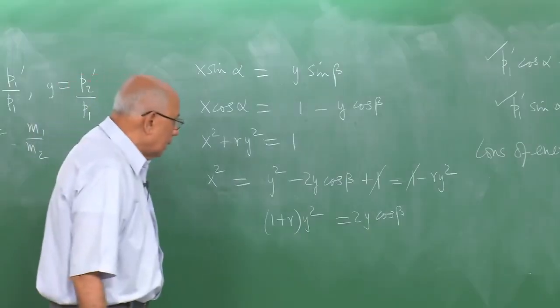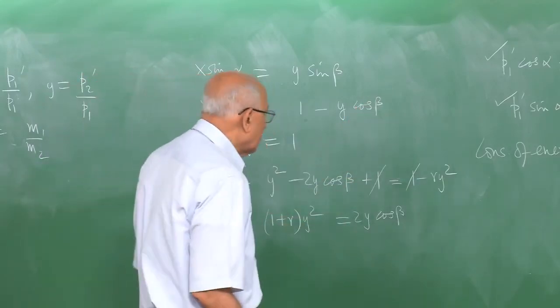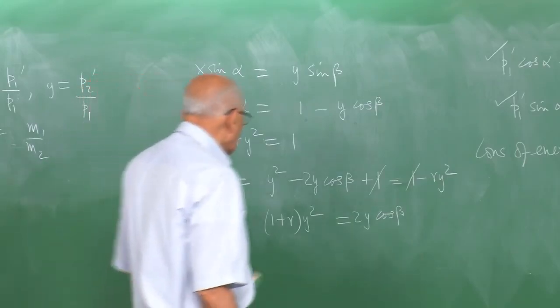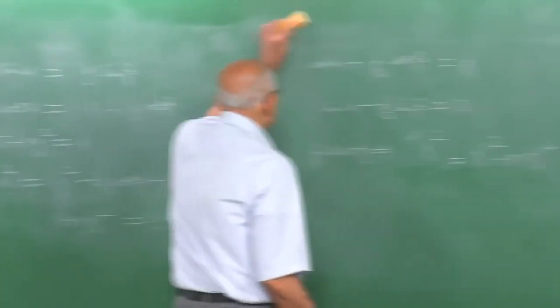Okay. And y is not 0. y is the magnitude of the second momentum divided by the magnitude P1, and therefore the only solution is y is 2 cos beta over 1 plus r. So we have our first solution.